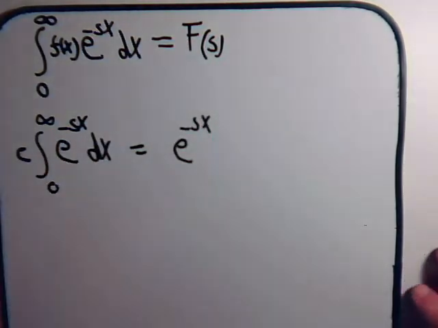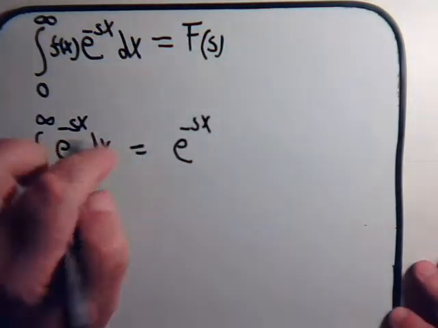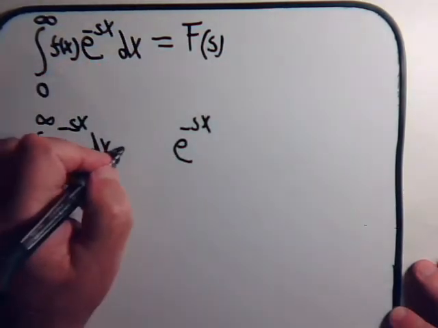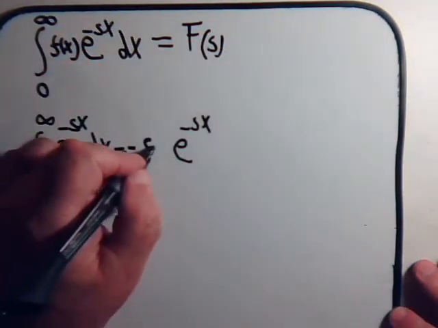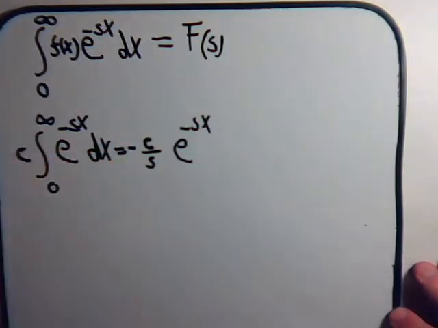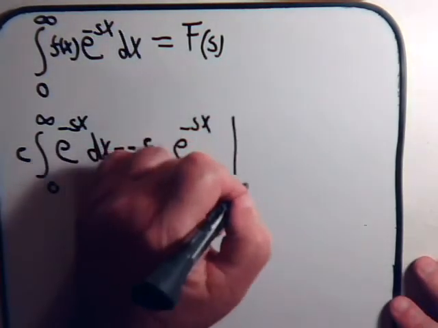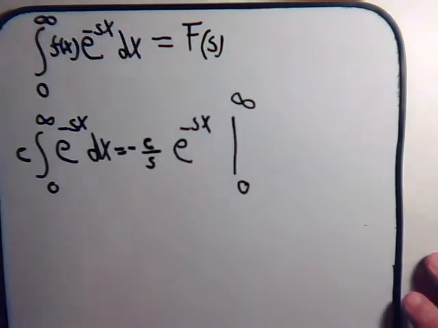e to the minus s times x. And out here we had minus c over s, where x goes from 0 to infinity.